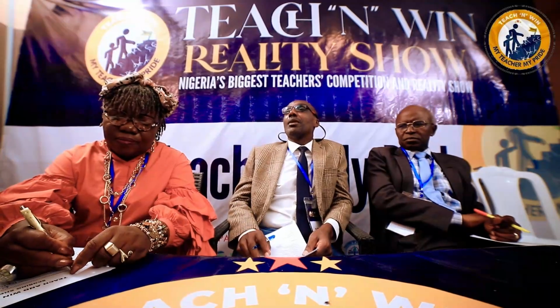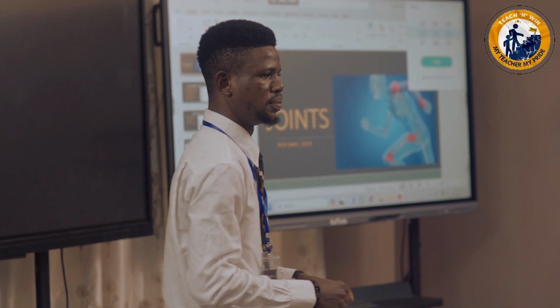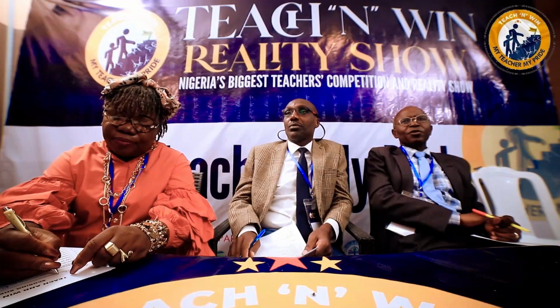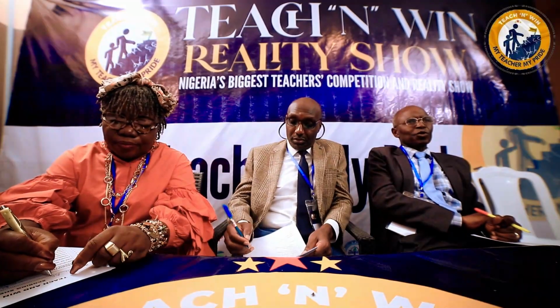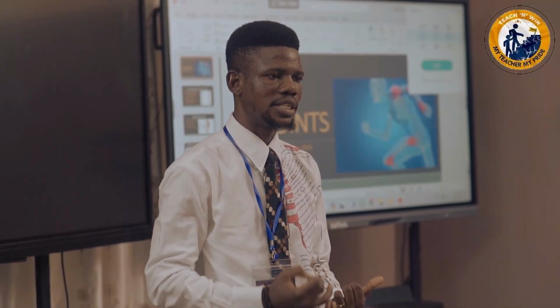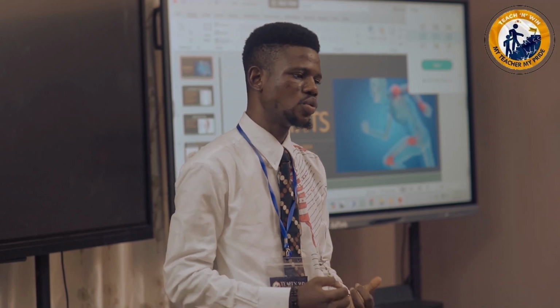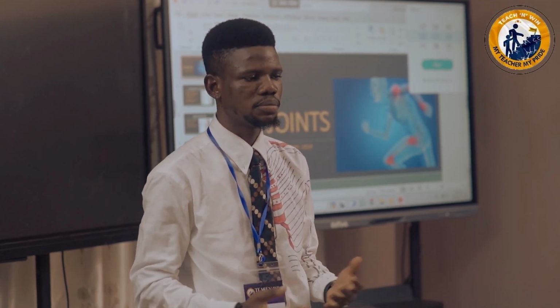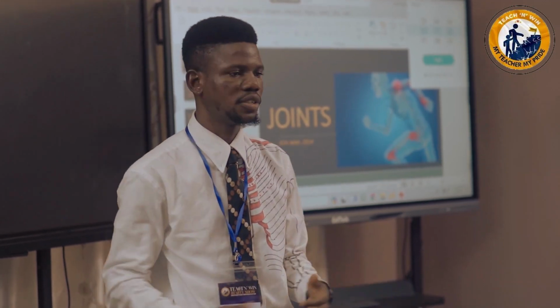What are your objectives for this study? One, to define the term joint. Two, to mention the categories of joints in the body and their examples where they can be found in the body.